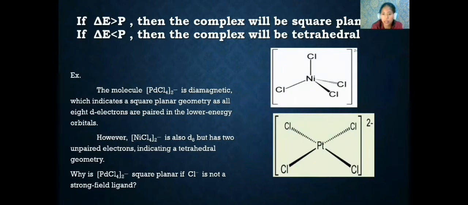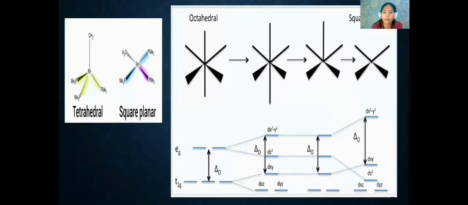So here you have the structures of our two complexes, the tetrahedral and then the square planar. As you can see for the orbitals, you have the eg and t2g of the octahedral, and then there is repulsion of the electrons.